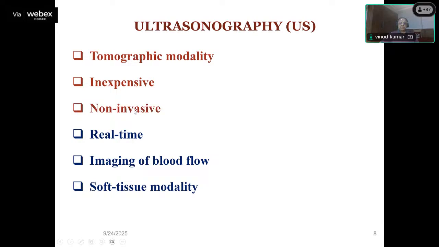It is non-invasive. No surgery is required. The probe is placed on the surface of the body, or on the stomach, and you get a real time image. It is very good for imaging of blood flow or soft tissue. So liver is a soft tissue. For the imaging of liver, ultrasound is reasonably the best option.